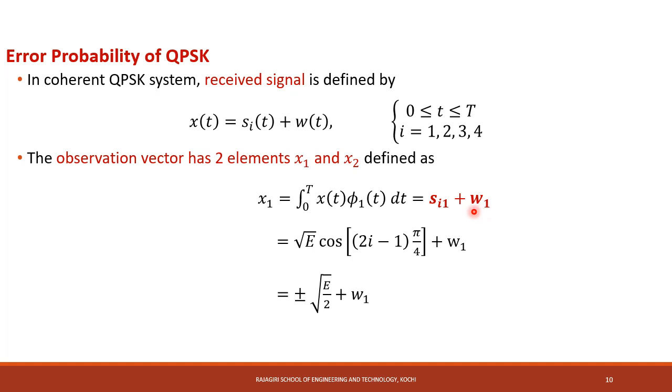We already know the projection of the ith symbol on the first basis function, which is root E cos((2i minus 1) pi by 4) plus w1. This cosine term takes values either plus 1 by root 2 or minus 1 by root 2 when i is equal to 1, 2, 3 or 4. So you can simplify this as x1 equals plus or minus root of E by 2 plus w1.